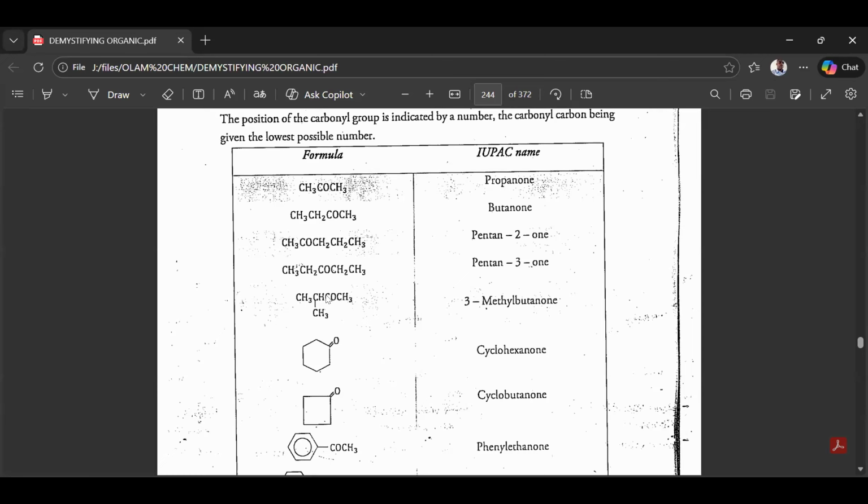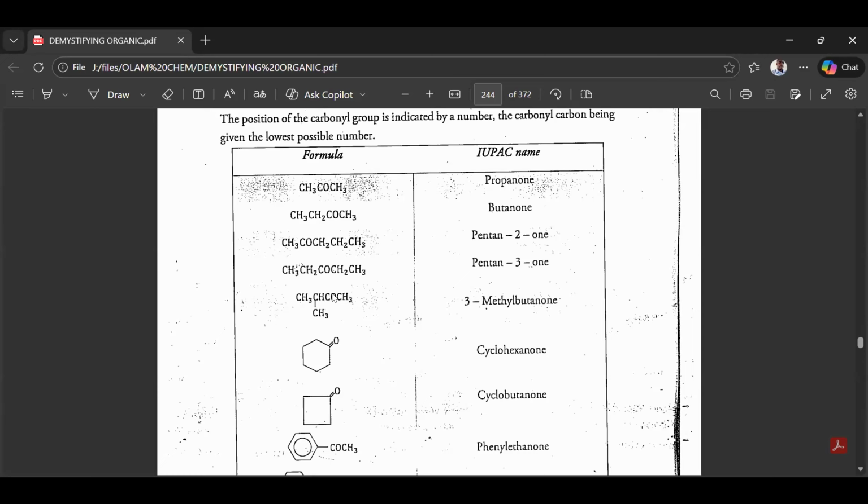Not 2, because the challenge is going to come when you say 2-methyl instead of 3-methyl. Because we are counting from where there is the lowest number for the functional group. Where are we having the lowest number of the functional group? It is this side, where we have our carbonyl group at position 2.